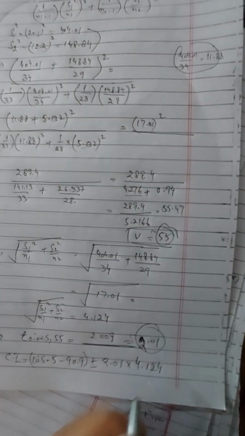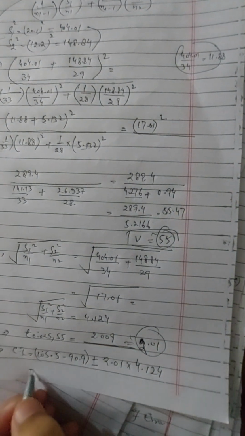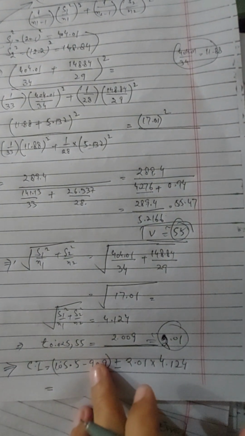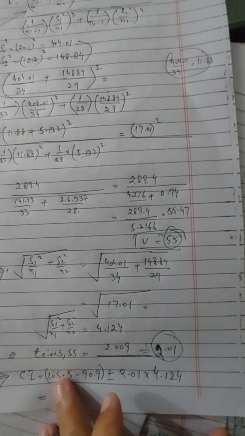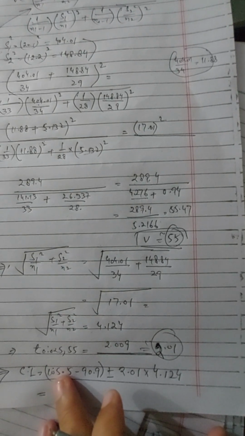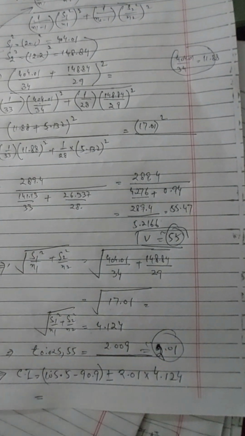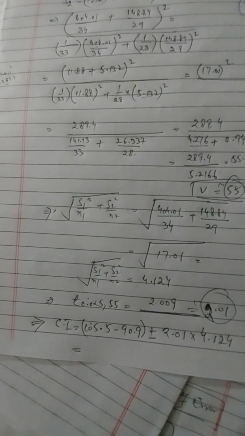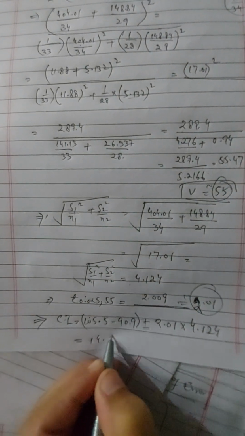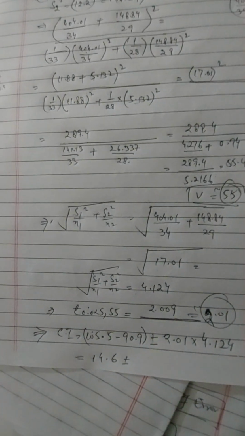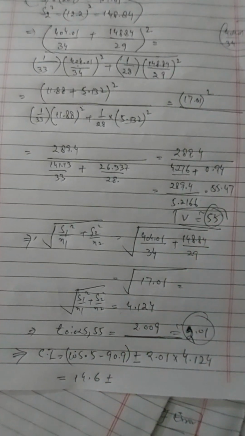So 105.5 minus 90.9 will give us about 14.4. Okay, let's calculate it. This gives us 14.6 plus minus 2.01 into 4.124.